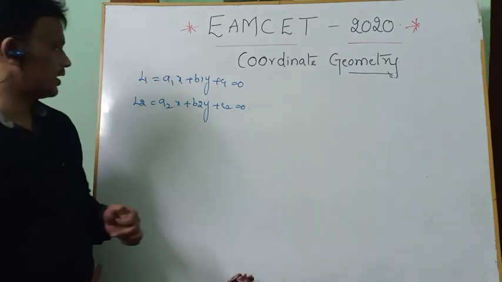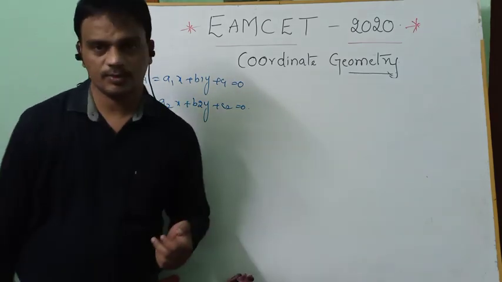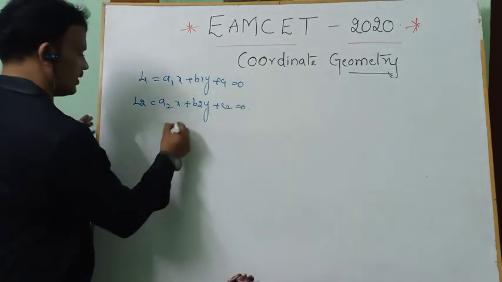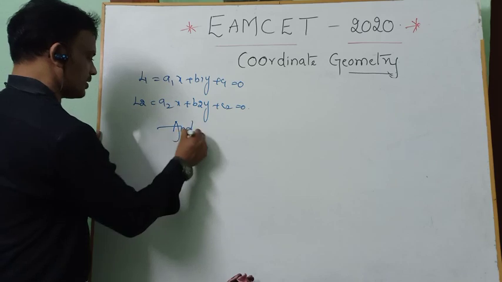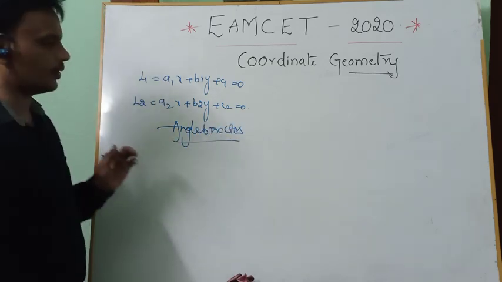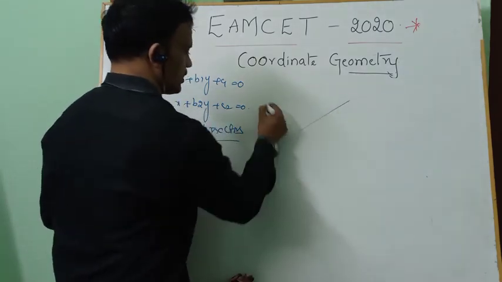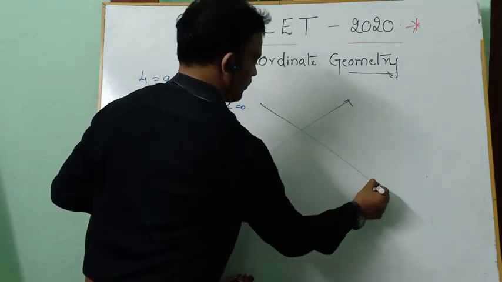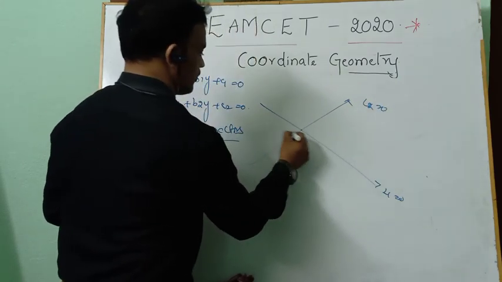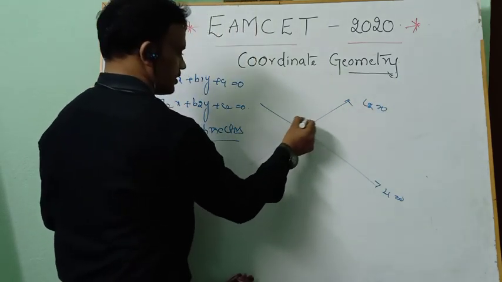The next concept, a very important concept. 2 lines are given, a1x plus b1y plus c1 equals 0 and a2x plus b2y plus c2 equals 0. They are intersecting lines. Find the angle bisectors. There are two intersecting lines, L1 equals 0 and L2 equals 0, intersecting at O. One is the acute angle, the other is the obtuse angle.